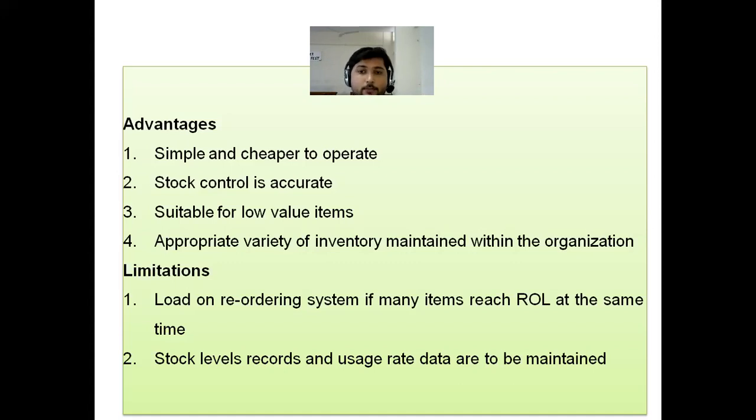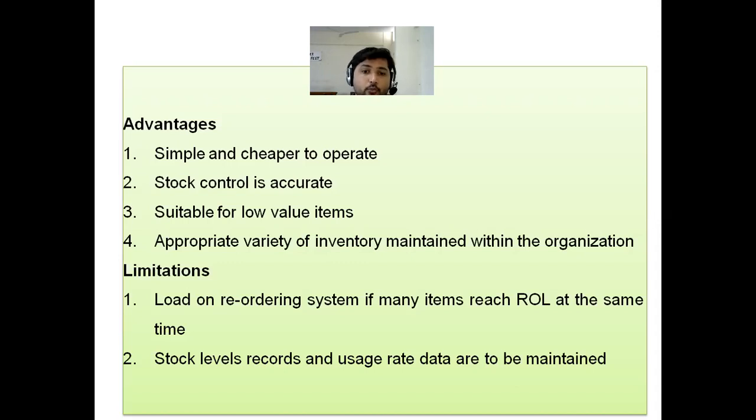So the first one is, if you have implemented a Q type of system, at a particular time period or particular day, you will come to know that a large number of varieties of components reach their reorder level, or ROL level. So the reordering system will feel more load on the system.